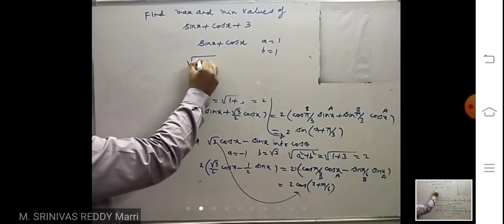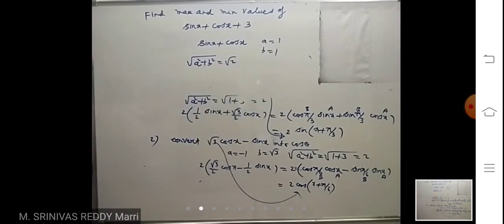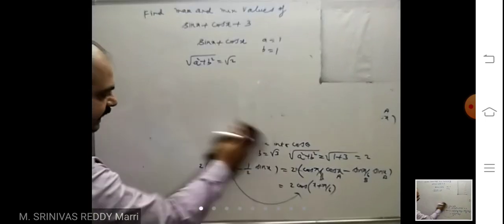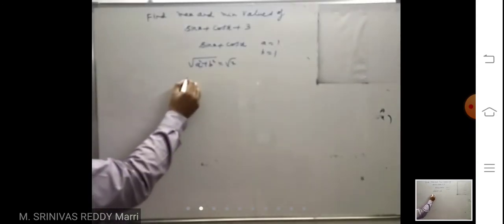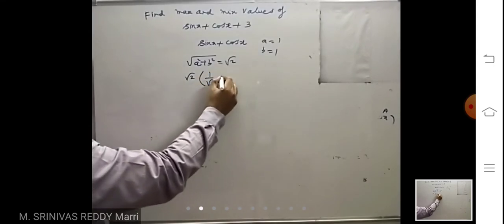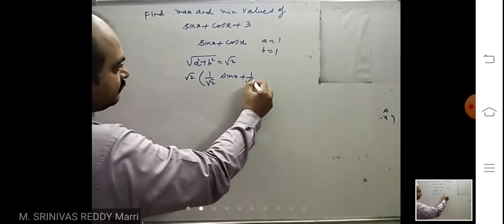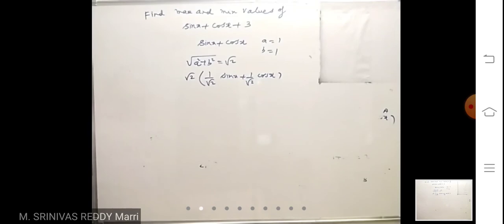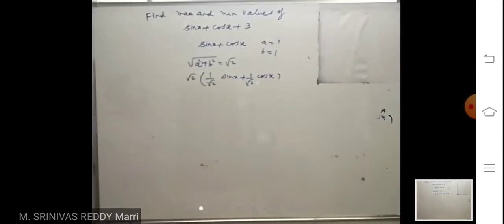Root of a square plus b square. What is that? Root 2. I am multiplying and dividing with root 2. So root 2 into 1 by root 2 sin x, 1 by root 2 cos x. In the previous problem, I have multiplied and divided.